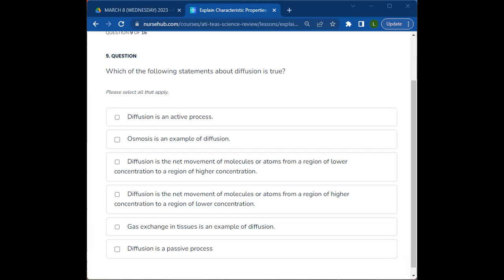Okay, 45 seconds is up. So let's go ahead and take a look at the correct answers.